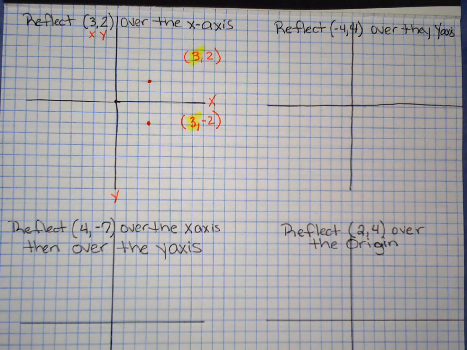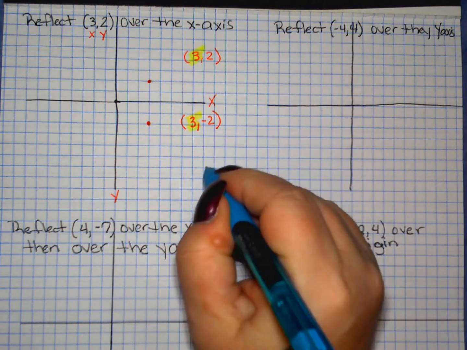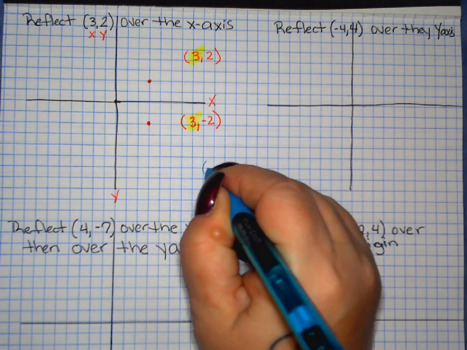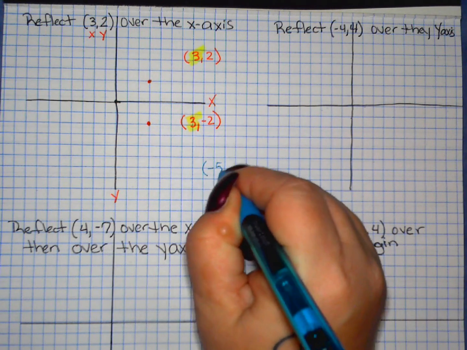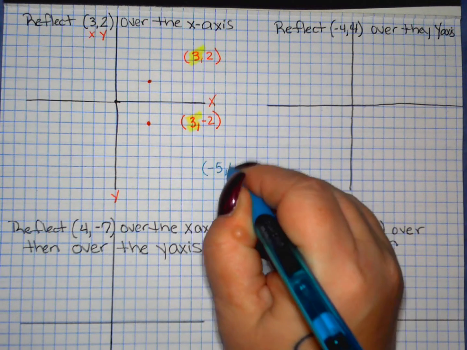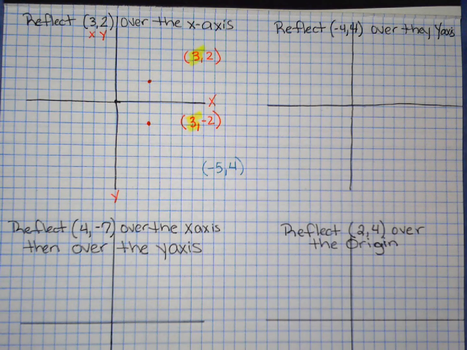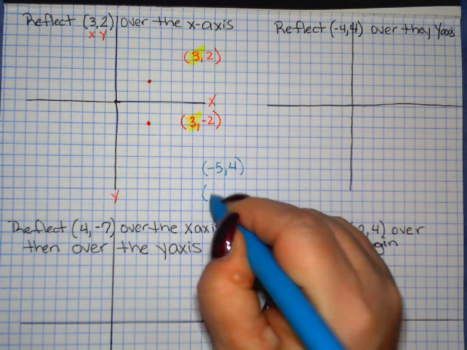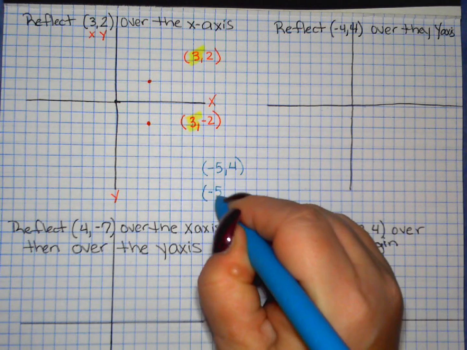I'll use blue this time. Let's look at the ordered pair -5, 4. Now, I automatically know that since the x isn't going to change, I could go ahead and write down that -5.